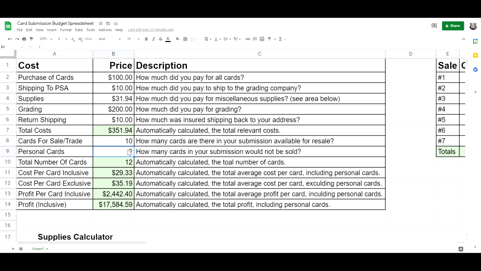You never paid for them, you never paid to grade them, ship them, anything like that. They were covered by the other 10 cards that you ended up selling, trading, holding for investment, etc., etc.